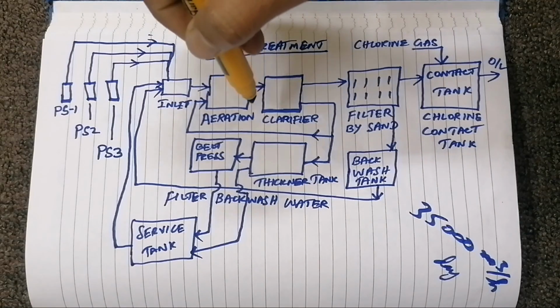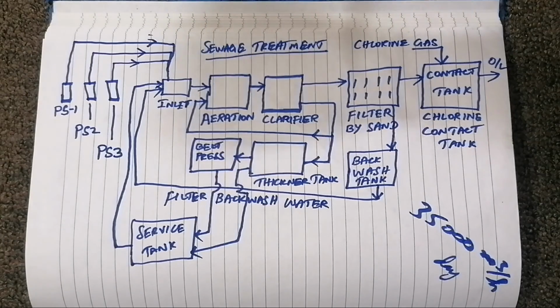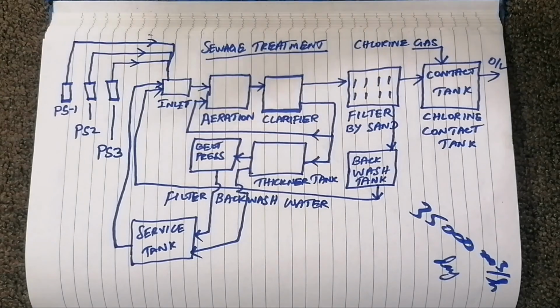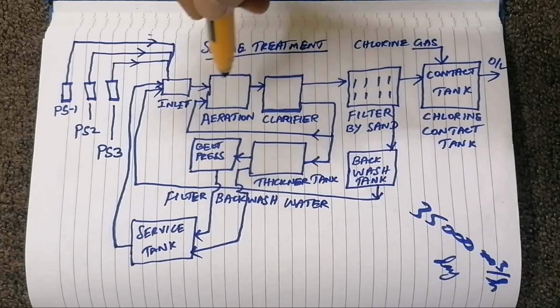For this process we need sufficient oxygen in the aeration tank, so we have to run surface aerators. The surface aerator mixes the water and pours the water into the air, so that the water has more contact with the oxygen, so the bacteria can react and do the biological reaction.